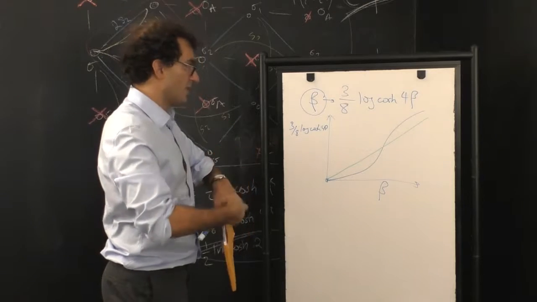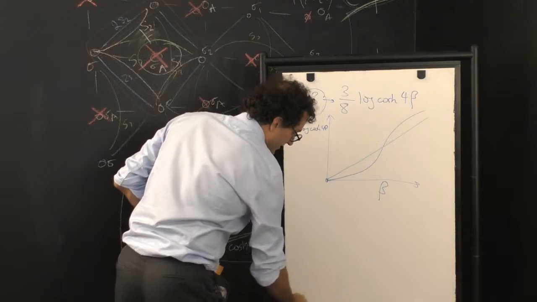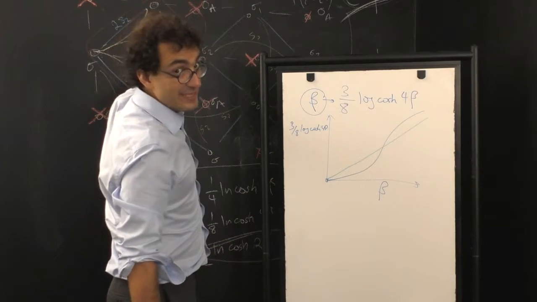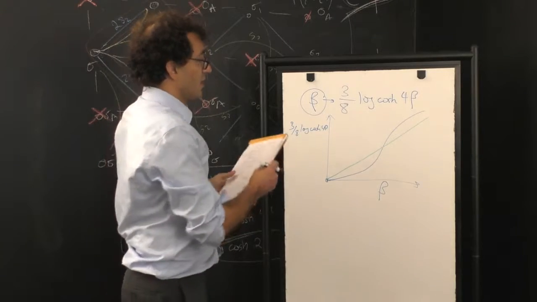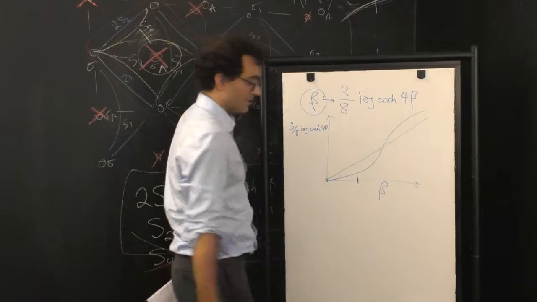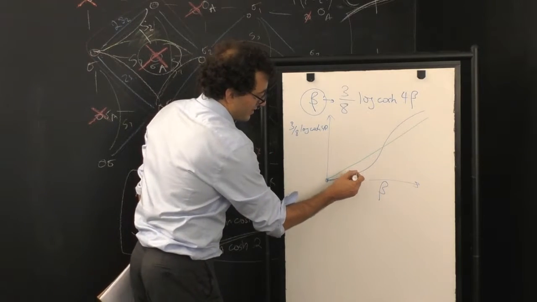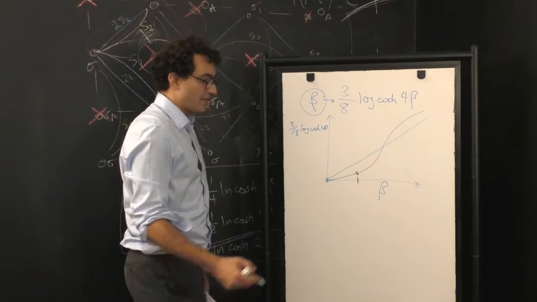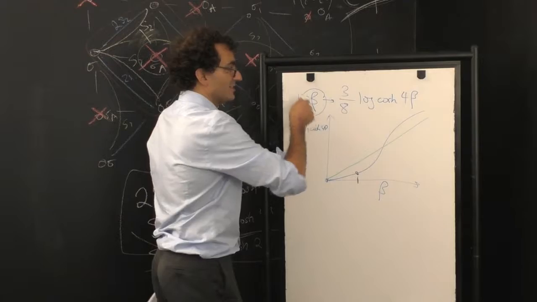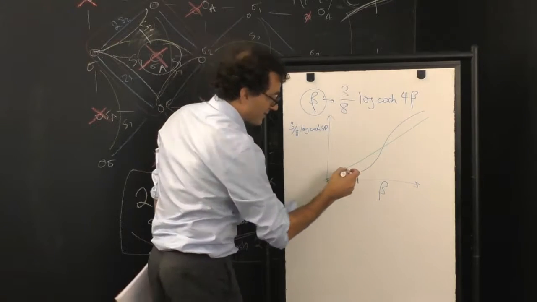So what's happening here? What happens when we continue to coarse grain the Ising model using the decimation transformation for a particular value of beta? So let's say we begin here. If we begin here and we take 3/8 log cosh 4 beta, we end up here. Let's say we then feed this value back into this formula here. In other words, we're going to decimate a second time.